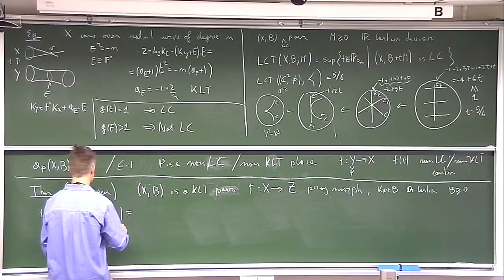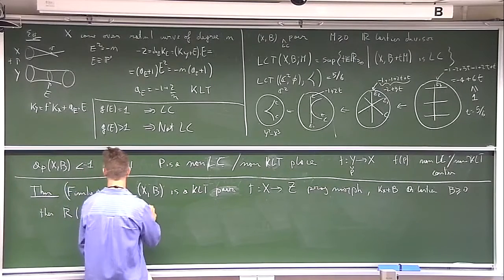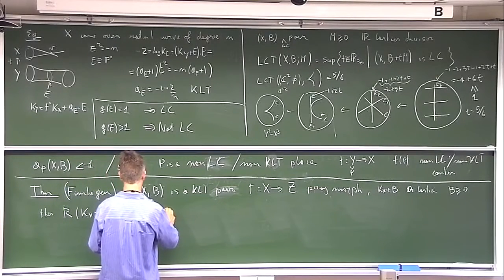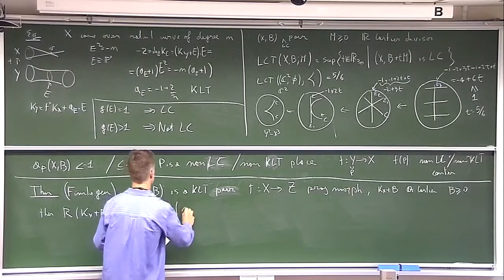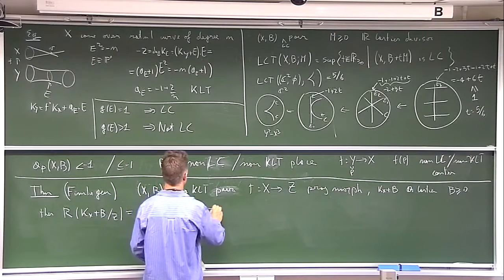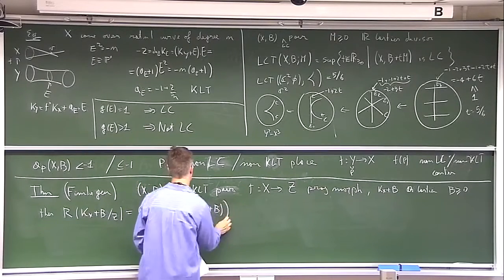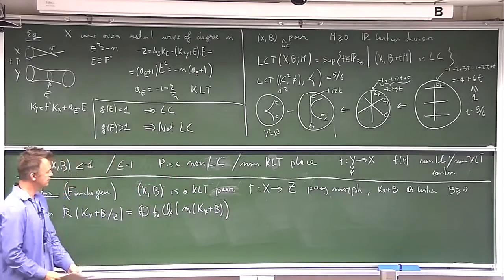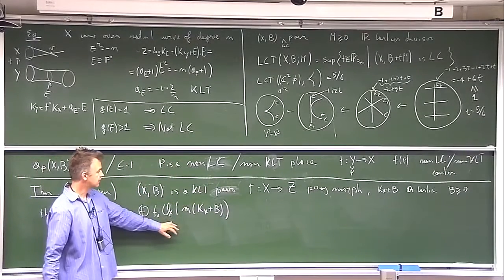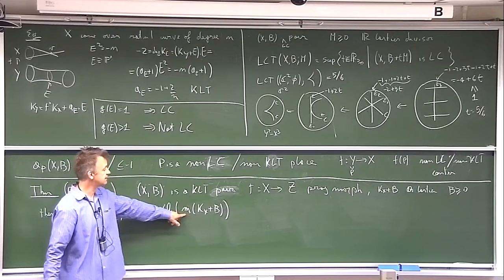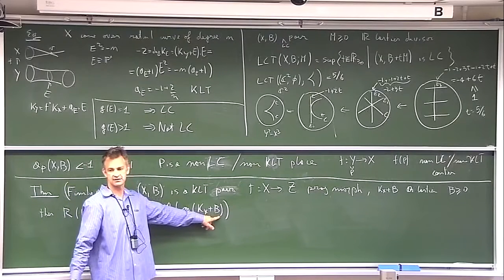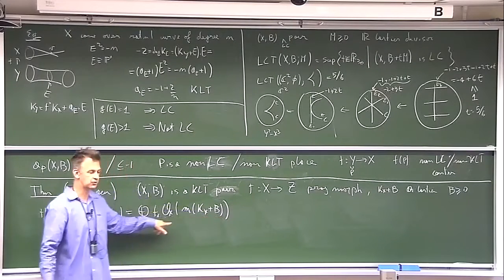is, so what is this object? For every integer m, you can consider the push forward of O_X of floor of m(K_X plus B). You may be slightly intimidated by this because you may think, well, these are Q-Cartier divisors. They don't have integral coefficients. So what does this symbol mean?